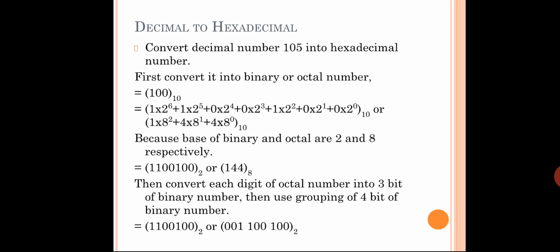Based on the position value, they have gone for this. If you don't want to go with the position values, you can directly go for the division concept. 100 by 2 is 50, remainder 0. 50 by 2 is 25, remainder 0. 25 by 2, up to 24 you can get, so 1 will be the remainder. In the same fashion you can divide and see.